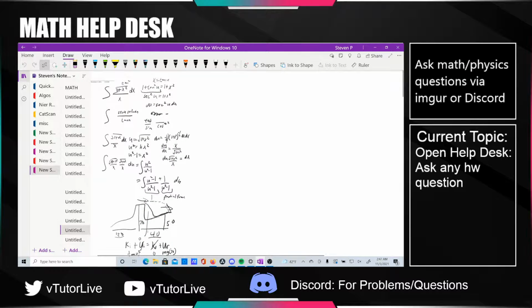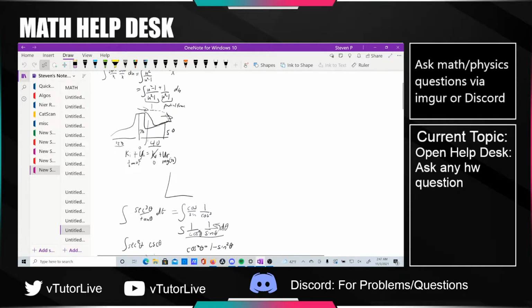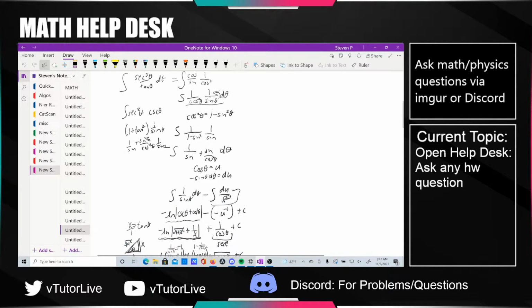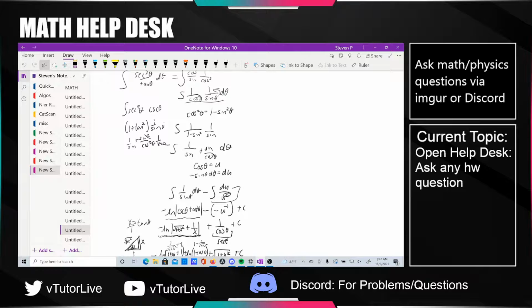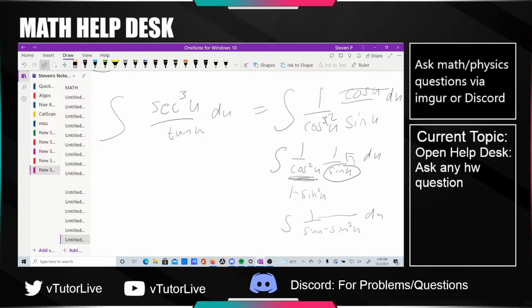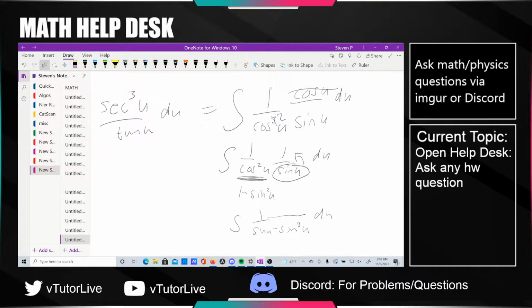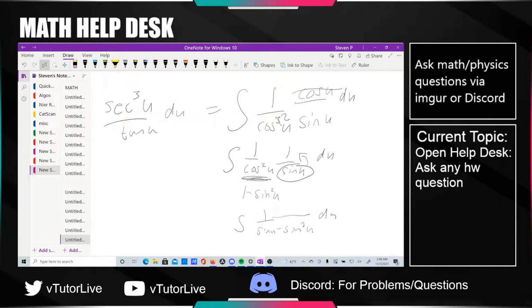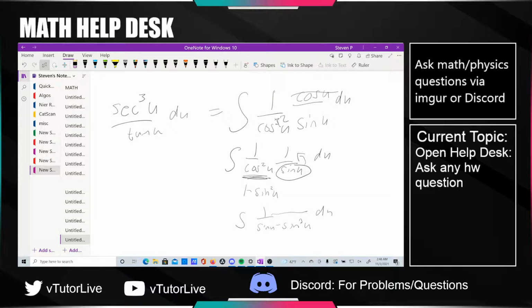Are you allowed to bring it up? It's 1 over sine u, right? Can't you make it to the negative power and then differentiate, or does that not work? Sorry, give me one second. Like it's 1 over cosine squared and then 1 over sine squared, if you make 1 over sine u to the power of negative 1.